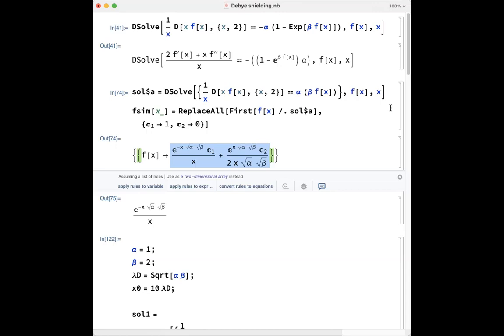The reason is that the other solution, the one with e to the positive x over lambda D, is growing as we move away from the charge, which is unphysical. It's not what's going to happen in reality. That solution shouldn't be there.